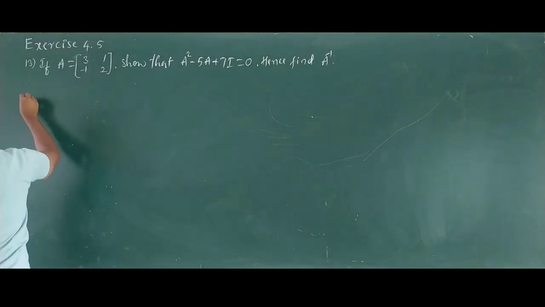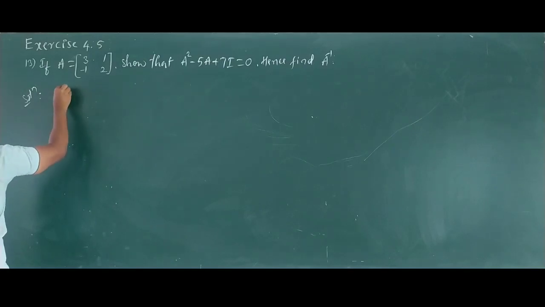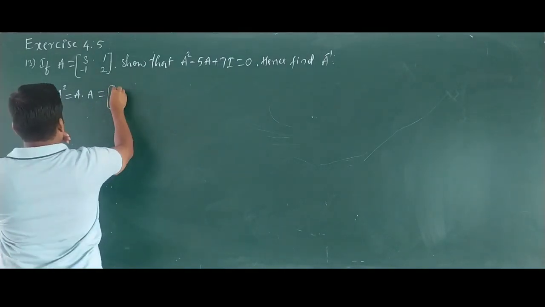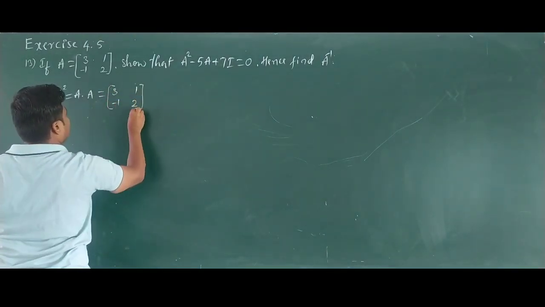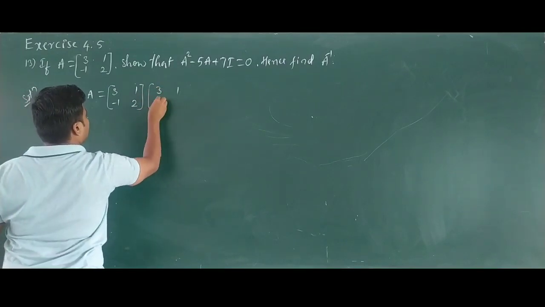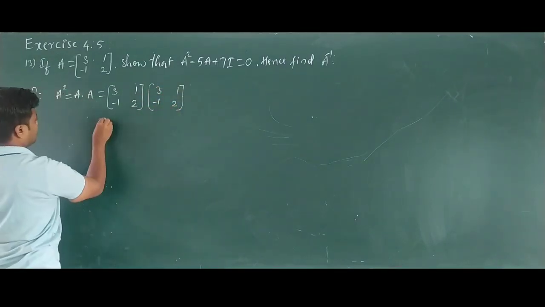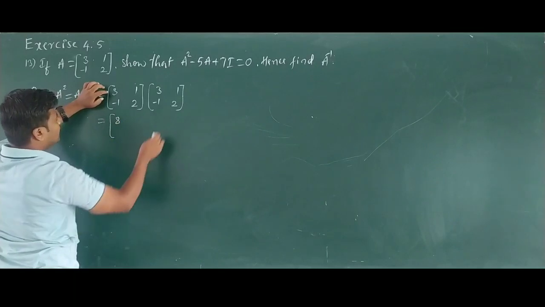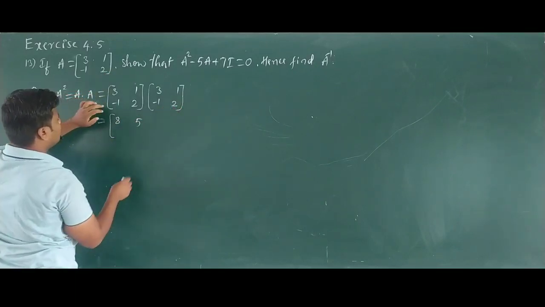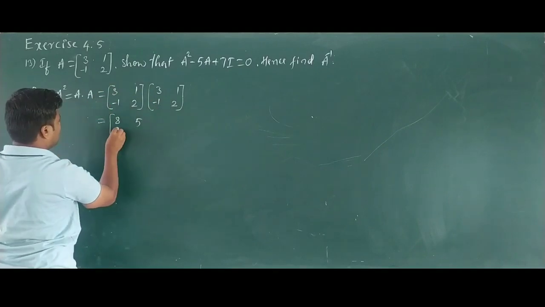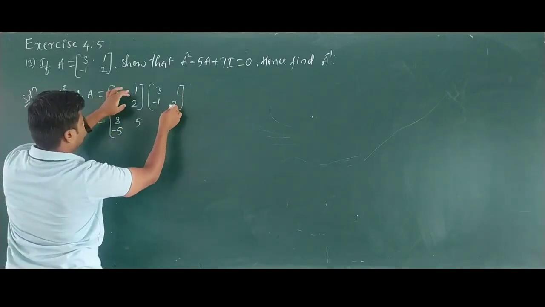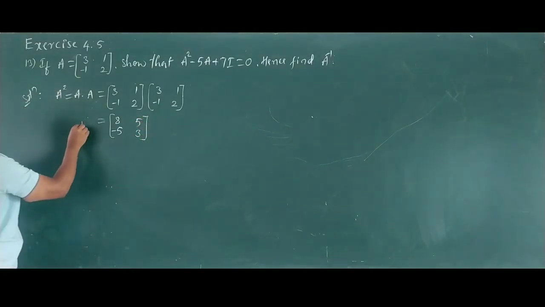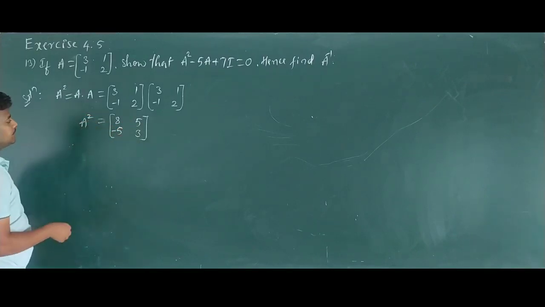A square equals A into A, that equals 3, 1, minus 1, 2 into 3, 1, minus 1, 2. Multiplying, we get 9 minus 1 is 8, 3 plus 2 is 5, minus 3 minus 2 is minus 5, minus 1 plus 4 is 3. A square is matrix 8, 5, minus 5, 3.